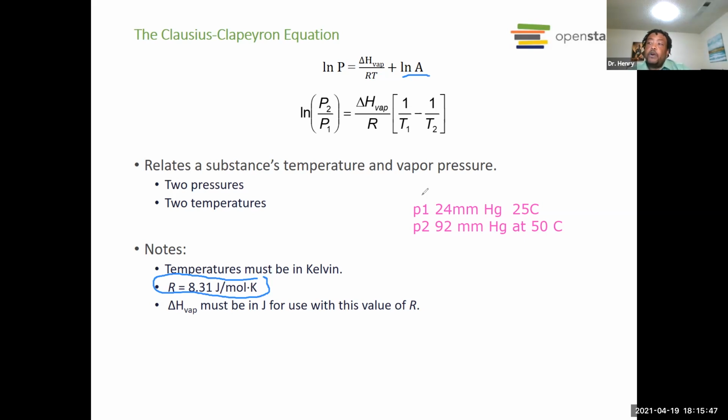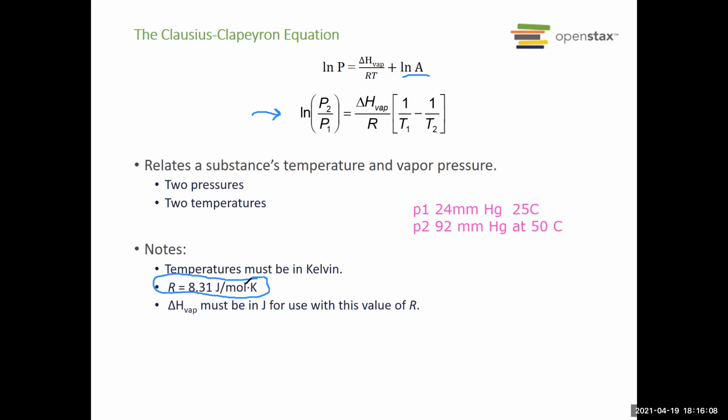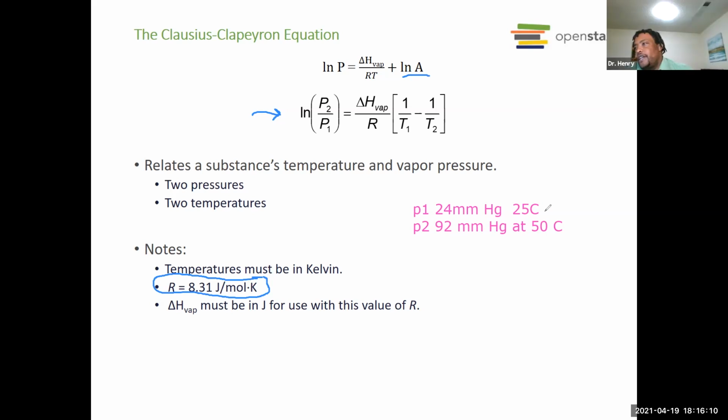So how would I go about doing that using this equation, knowing that my units here are in Kelvin? Switch the degrees to Kelvin. And how do I go about doing that?